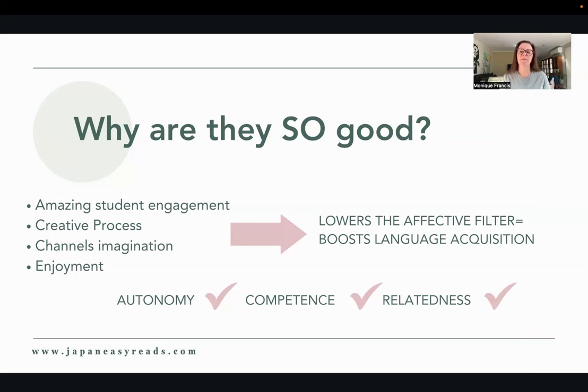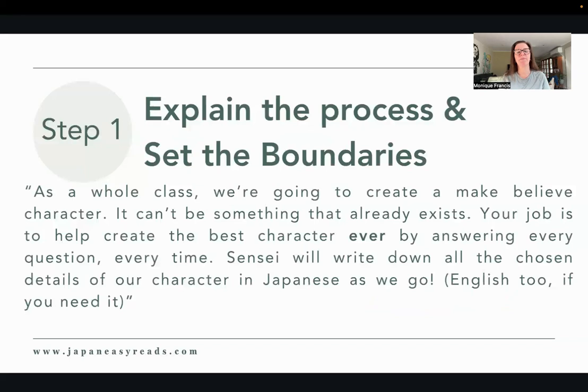And I love this bit, the relatedness. A bonus to the language that they are acquiring is that because this is very much a co-created process, there's a lot of relatedness and connectedness and belonging in the group that can be really fostered. So lots of good reasons to try a one-word image.